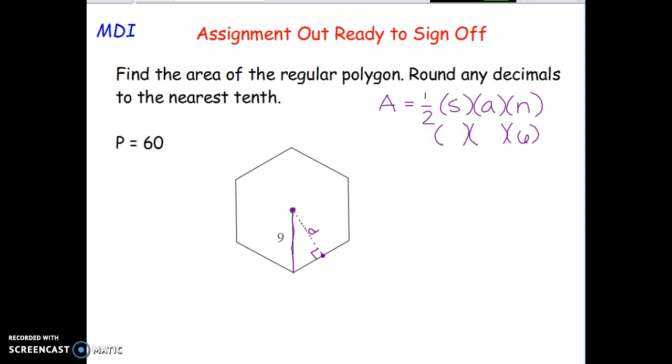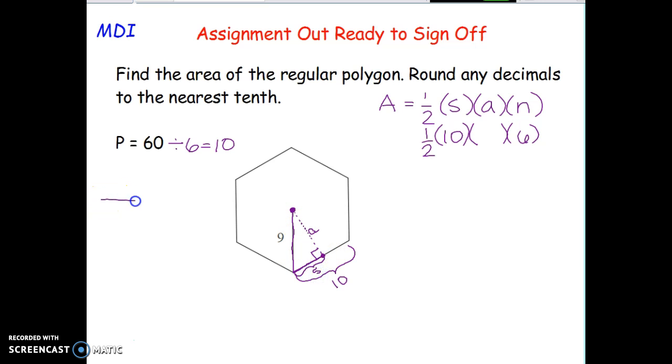We know that S we can find by taking perimeter divided by the number of sides, which in this case is 10. So we know that this whole side length right here is 10. But in order to find the apothem, we only need this piece right here because remember, we're going to set up this right triangle. So this right here is 5.